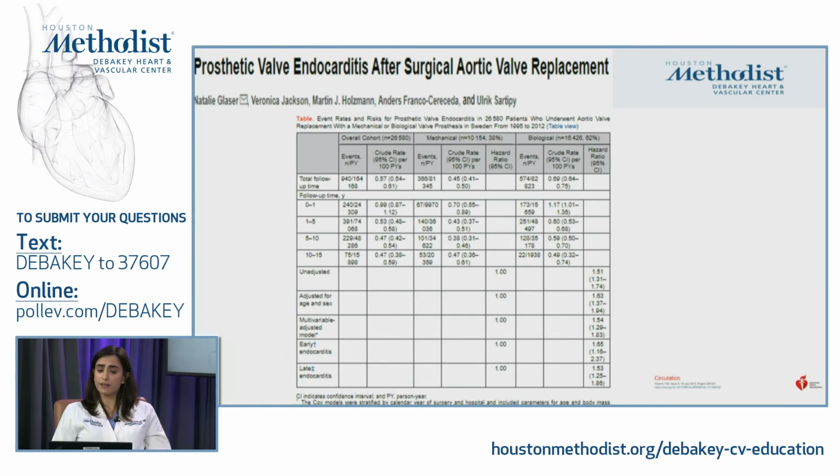In mechanical valves, it's less prevalent than it is for bioprosthesis, on the order of 0.5 percent per year for these patients in mechanical valves, and a little bit higher in bioprosthetic AVRs at 0.7. The incidence of endocarditis is highest the first year out of surgery.